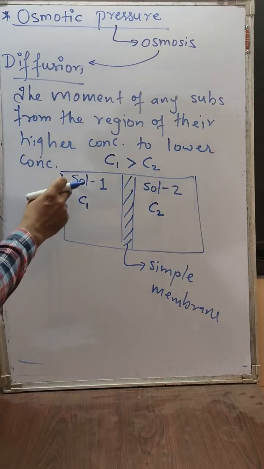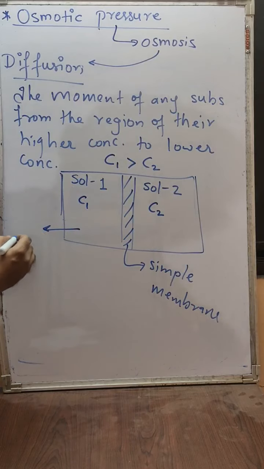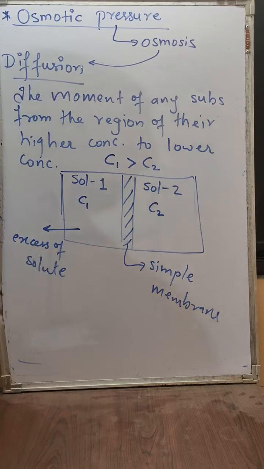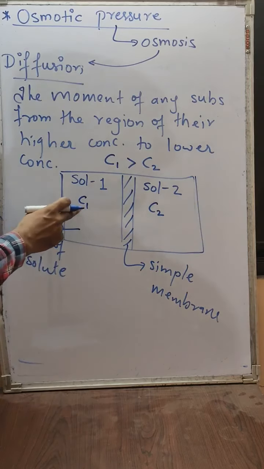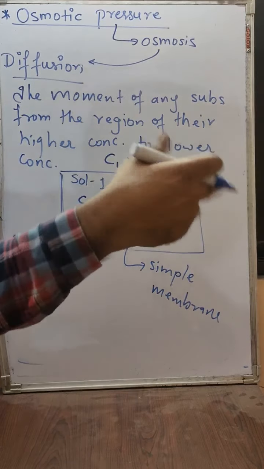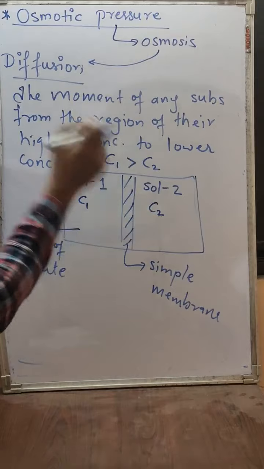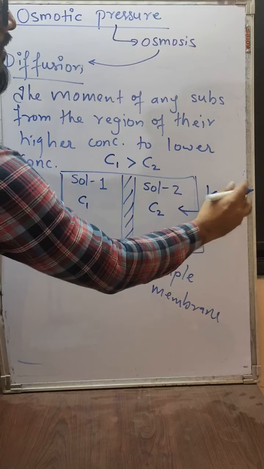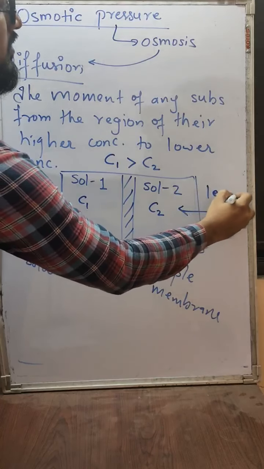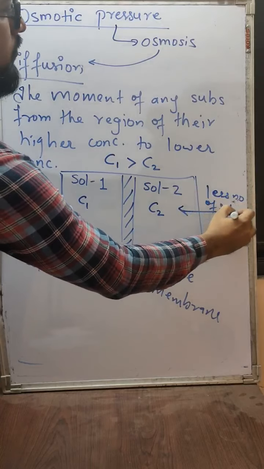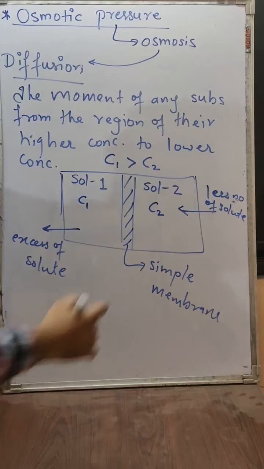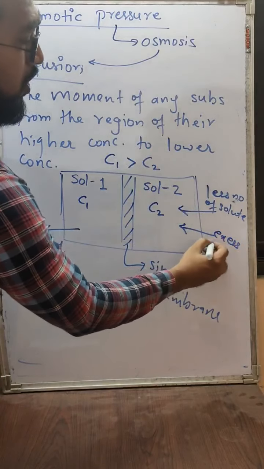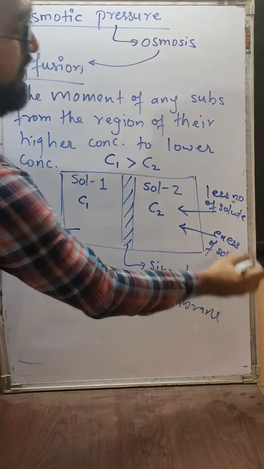So here solution C1 has an excess of solute, because concentration is greater and concentration depends on the number of solid particles, and solution C2 has a lesser number of solid particles. Less solid means it has an excess of solvent.